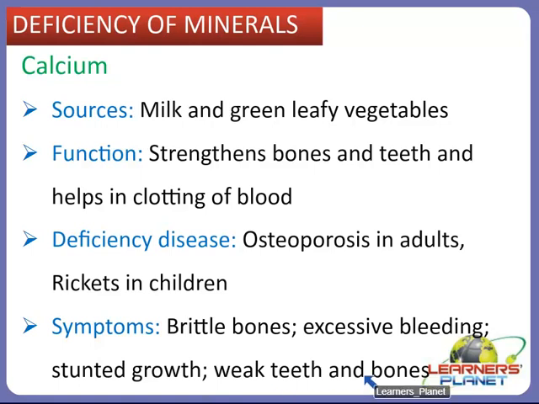And weak teeth and bones occur. So these are some of the symptoms caused due to the lack of calcium in our body. And always remember that children need 800 to 1300 milligrams of calcium per day, right? Let's move on to the next mineral.